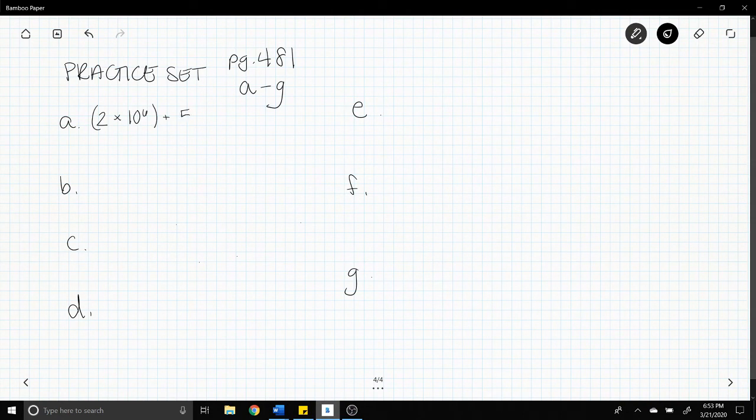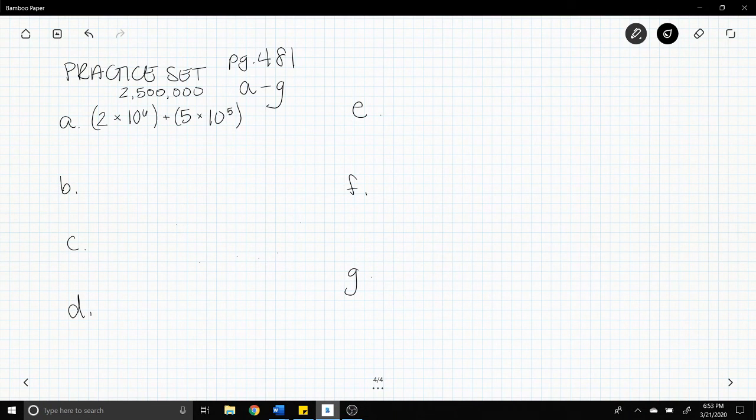Plus, next we're going to write 5. 5 is in the hundred thousands place, so that's represented by 10 to the power of 5. And really that's it for that problem since the rest of the digits are zeros. So we're done: 2 times 10 to the power of 6 plus 5 times 10 to the power of 5.